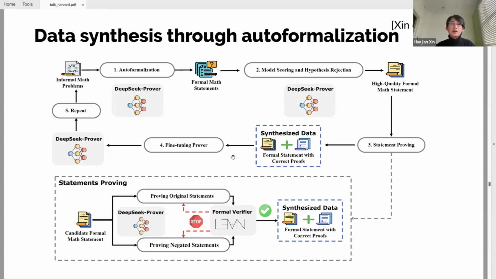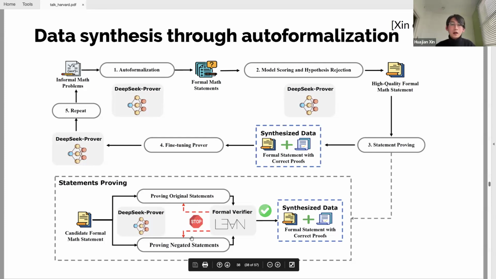That is, we can never successfully prove it, but its negation may be provable. We use a symmetric procedure to decide this truth value. For example, we try in parallel to prove the statement itself and its negation.